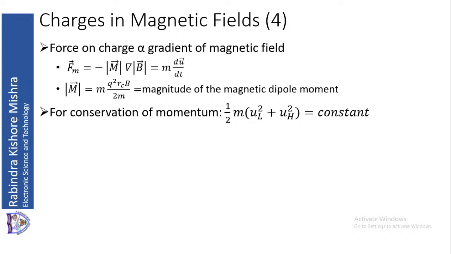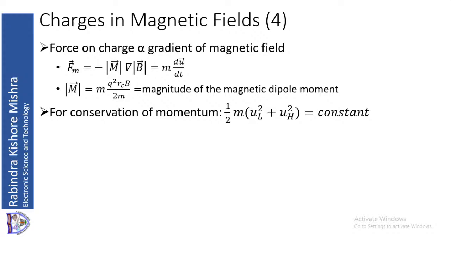Now for conservation of momentum or conservation of energy, we must have half mv square equal to a constant. You know half mv square is kinetic energy. Kinetic energy has to be constant. I am relating momentum to kinetic energy. Our kinetic energy is half mv square.